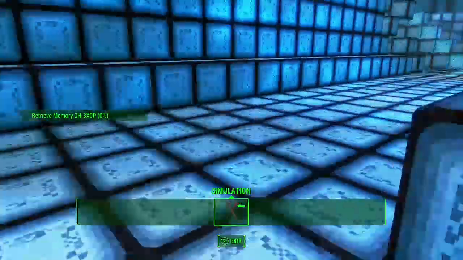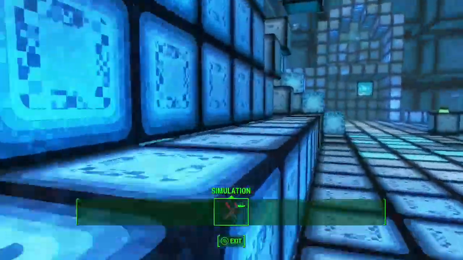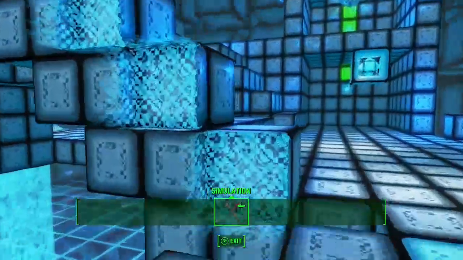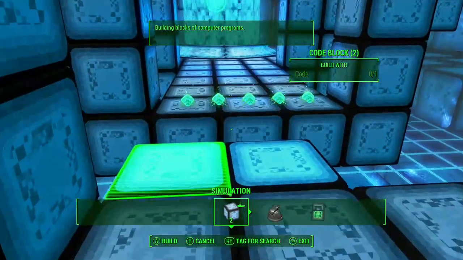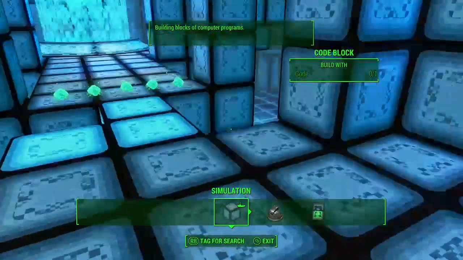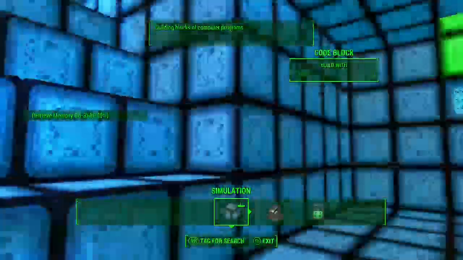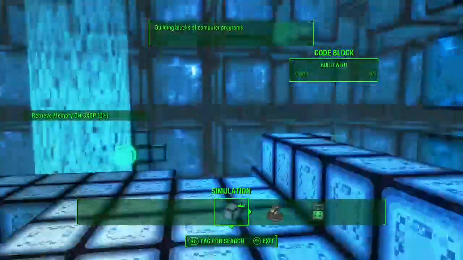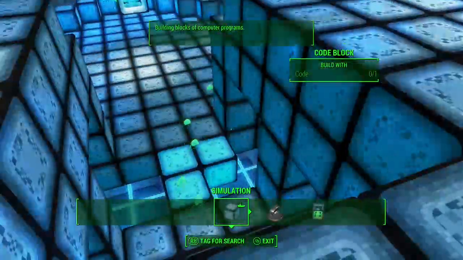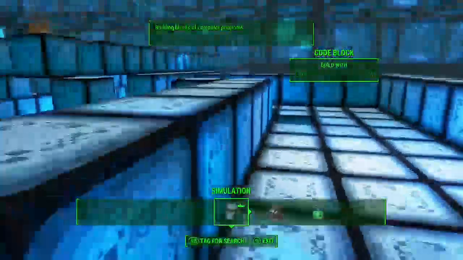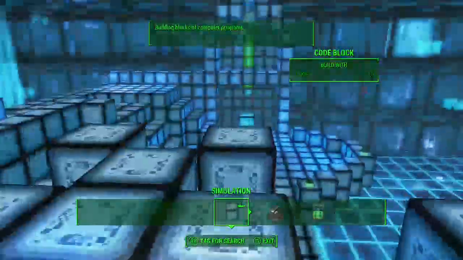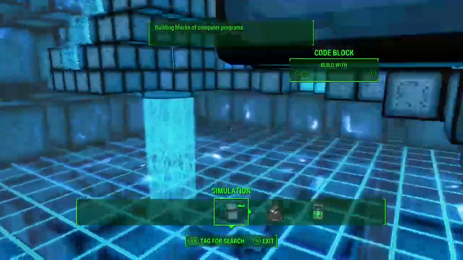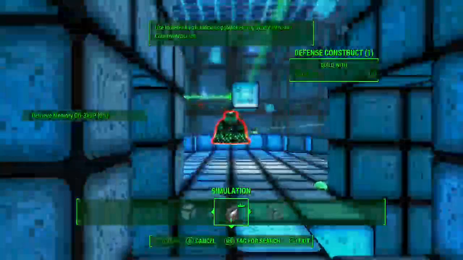Sentry initiating erasure of intrusive indexer. Sentry has detected active intrusive program. Sentry beginning erasure protocol against unauthorized indexer.